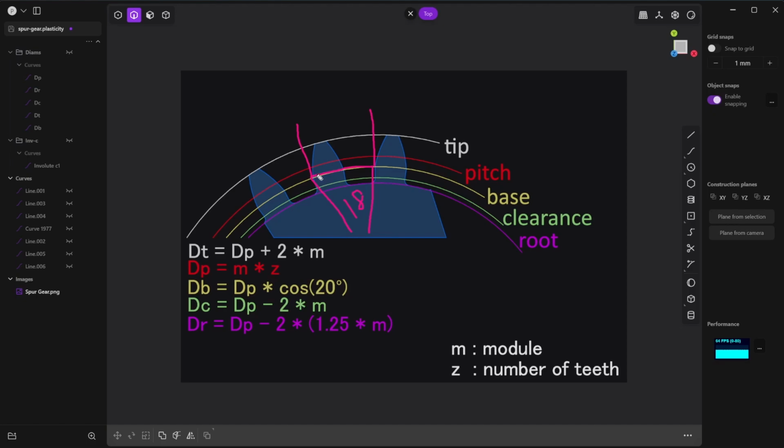This means that the angle of the arc of one tooth is 9 degrees. But our involute curve is here, and we need to mirror it to form one tooth. This means that we need to mirror it over here in the middle of the 9-degree arc, which is going to give us 4.5. Let's do it.